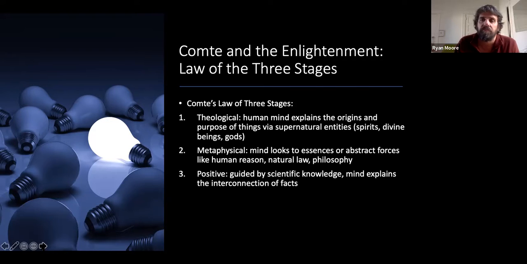At the most primitive level, in the first stage, societies are based on theological assumptions, basically religion, where the human mind explains the origin and purposes of things through supernatural entities, through spirits and divine beings, and then eventually a singular God.